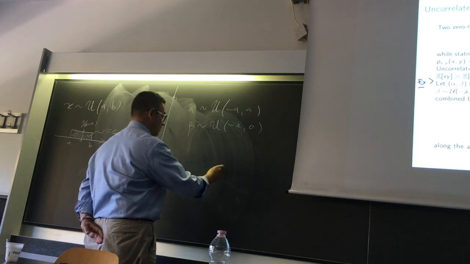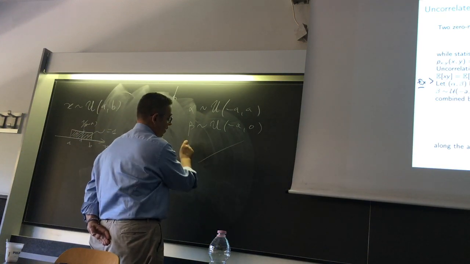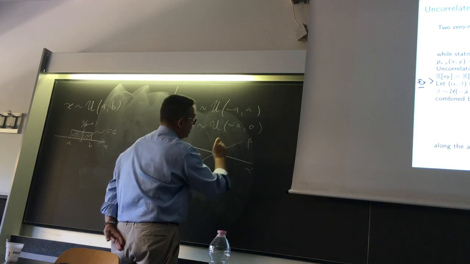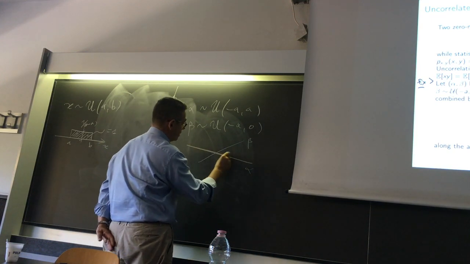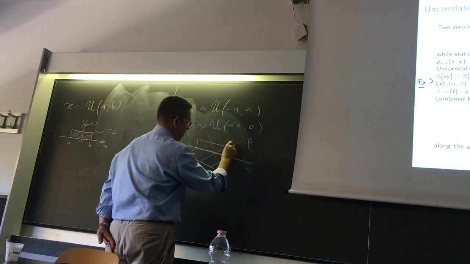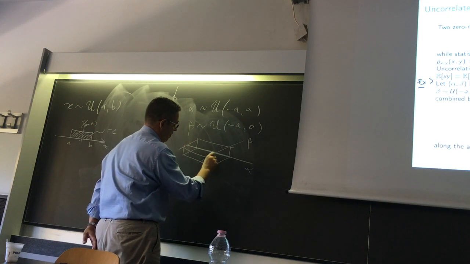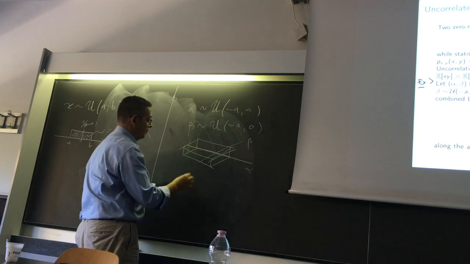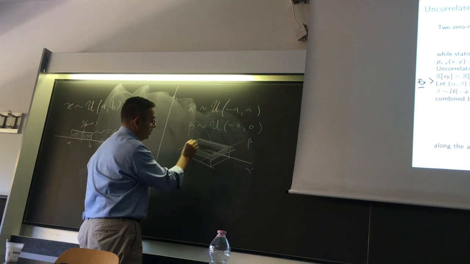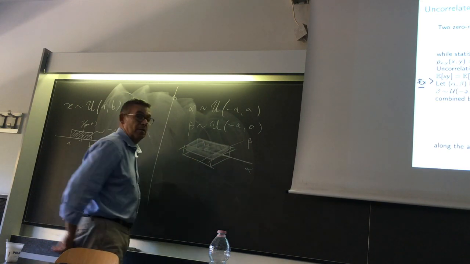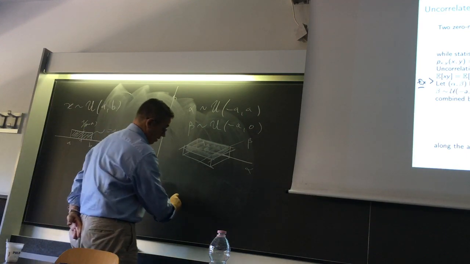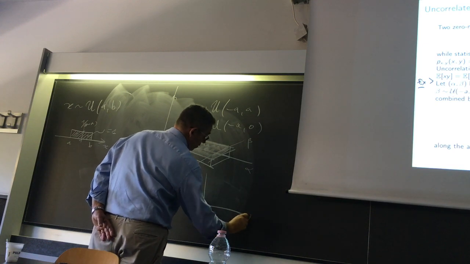This means that, if this is alpha and this is beta, the support is kind of a box, like this. Rather than writing it this way, I prefer to indicate it by the support.